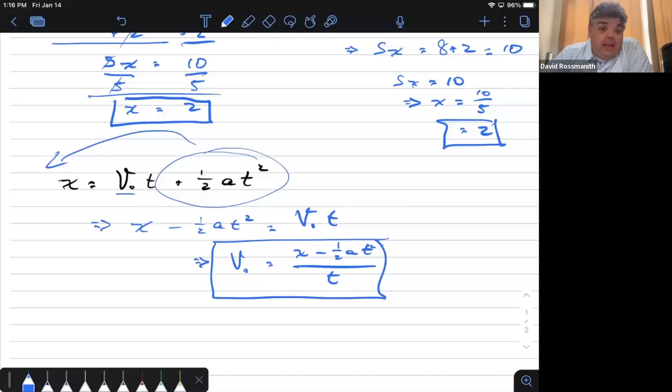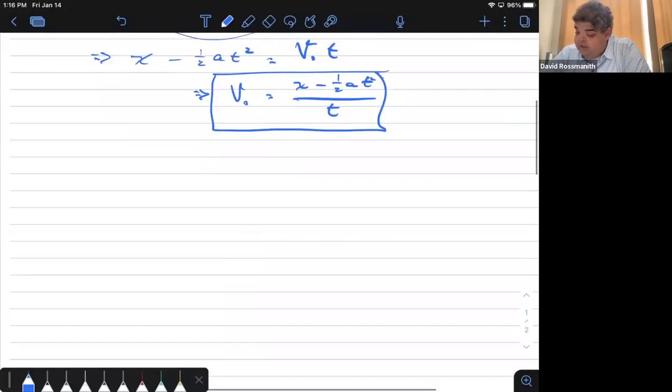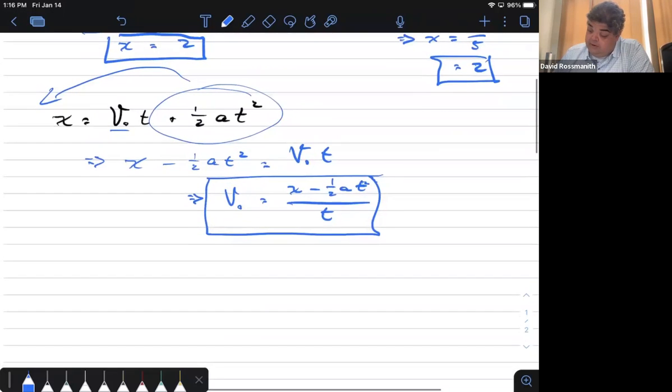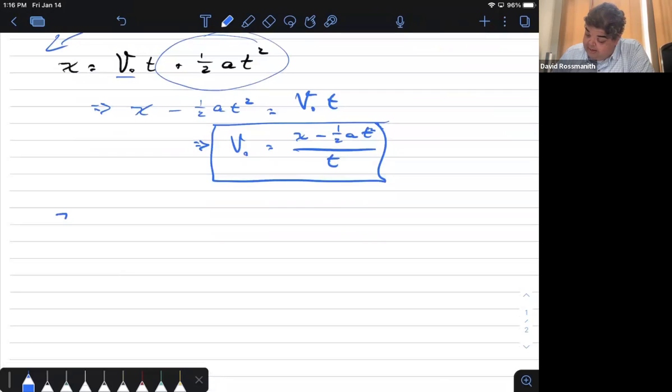We can get more complicated versions of algebraic equations. For instance, the big one is written in this equation I already wrote. Let's write it again. X equals v naught t plus 1/2 at squared. Let's say instead, this time, the problem is asking us to find time, the t. Well, now this is a little awkward because notice t appears twice in my equation.